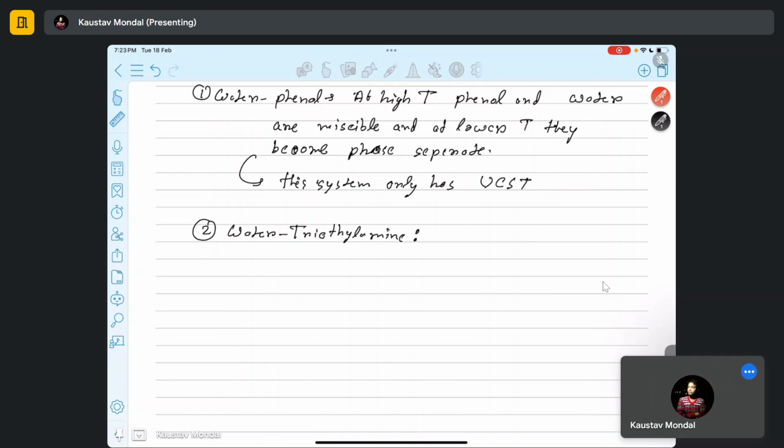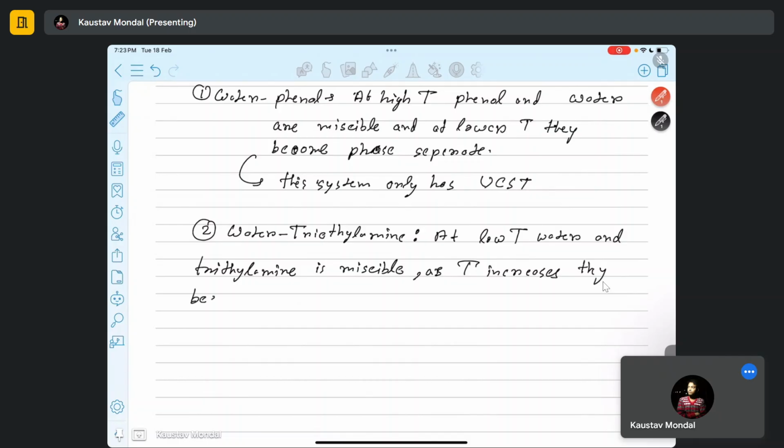Okay, so let me write it. At low temperature, water and triethylamine are miscible, but as T increases, they become partially miscible and eventually phase separate.